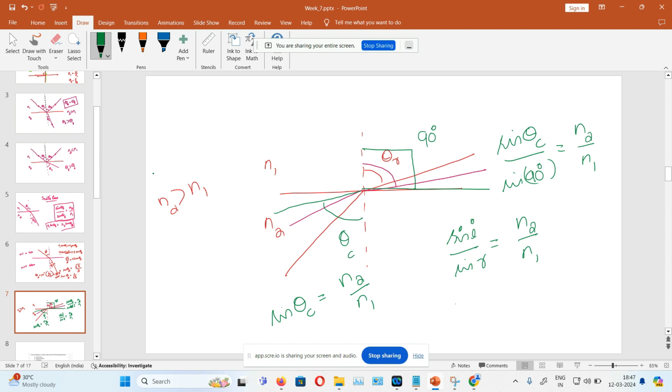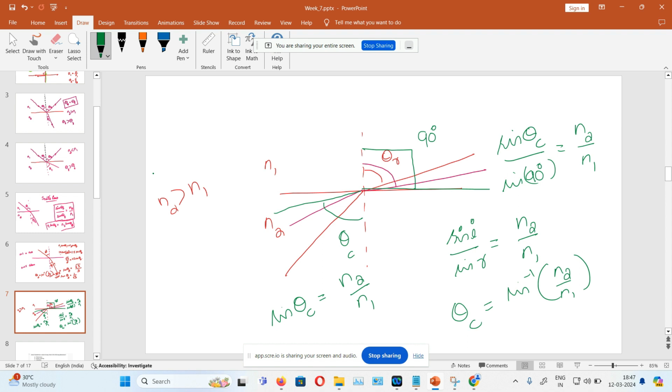So theta c will be sine inverse N2 by N1. Just see that N2 means the medium to which the light goes, and let N2 be air.